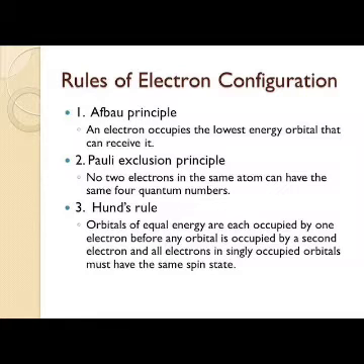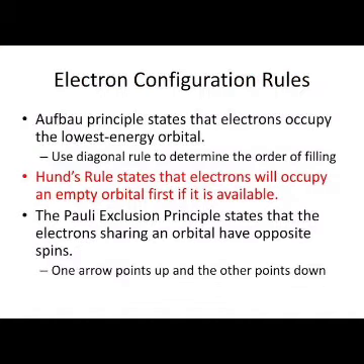To describe this electronic arrangement in the ground state level, first you have to learn three rules: the Pauli's exclusion principle, the Hund's rule, and the Aufbau principle. By these three principles, we can easily describe the arrangement of electrons in the ground state level.